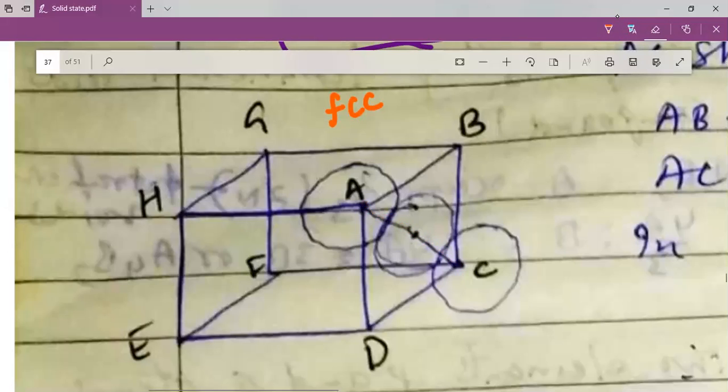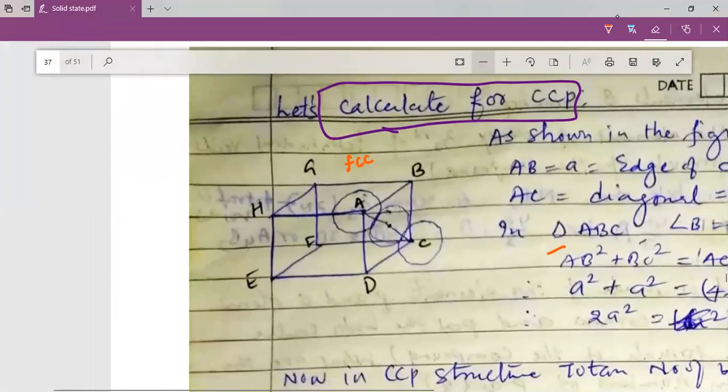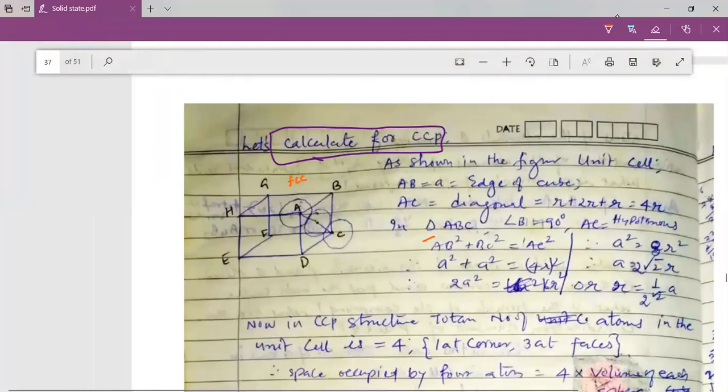We have joined the centers of the particles which are present at corner A to corner C. At the same time, the particle which is present at the face center, its center is also joined by this particular line. Now let us understand and calculate the packing efficiency for this unit cell, my dear students.